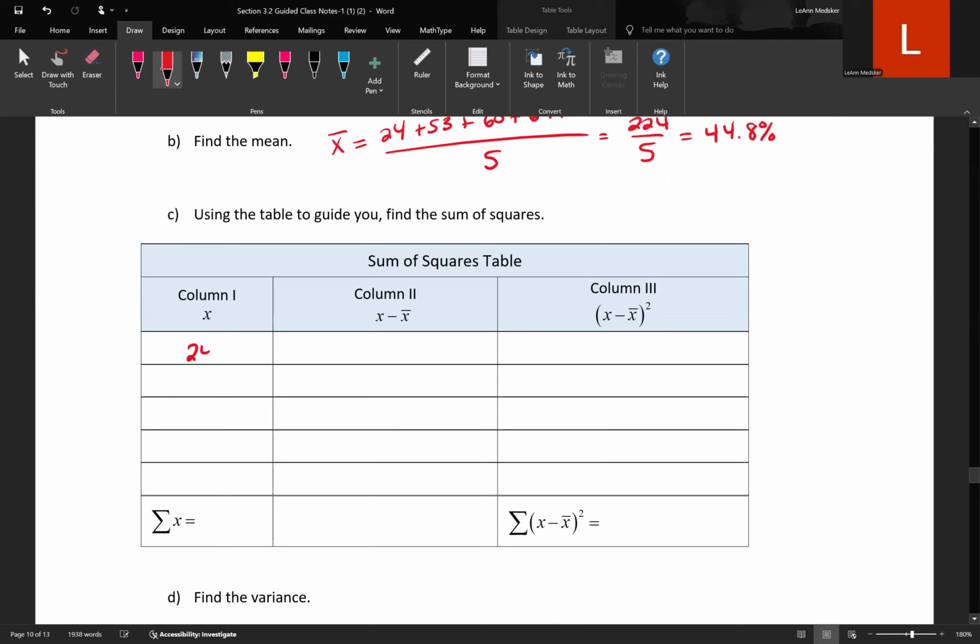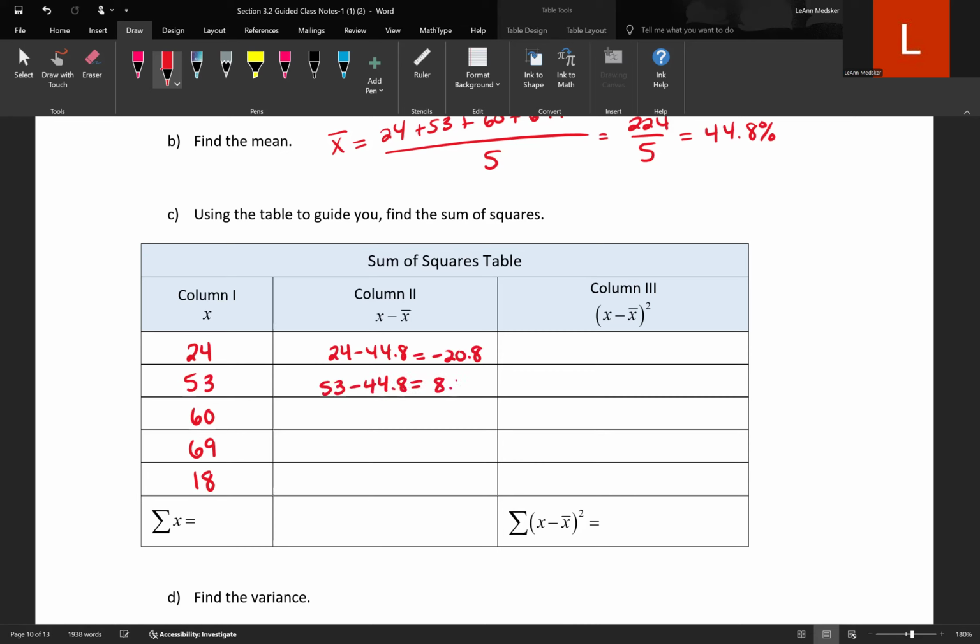So 24, 53, 60, 69, and 18. Those were those values. And then we're going to do the item minus the mean. So 24 minus 44.8. That's going to be negative 20.8. Then we have 53 minus the 44.8.